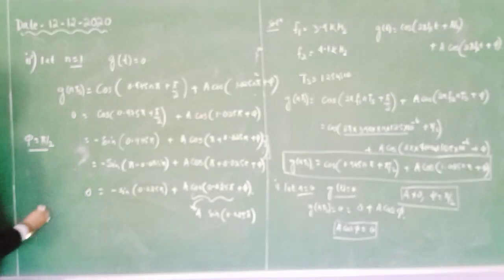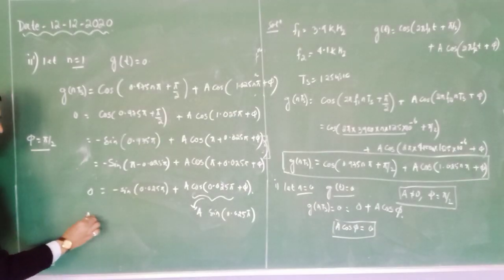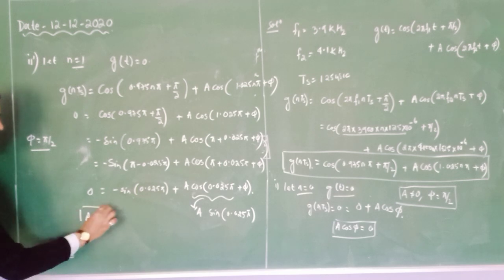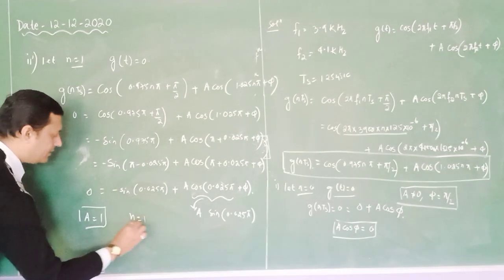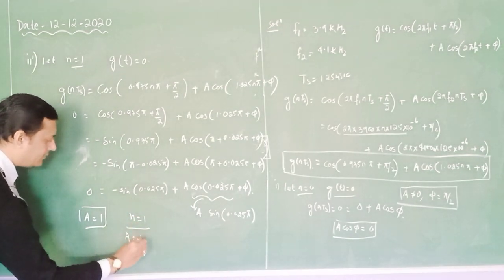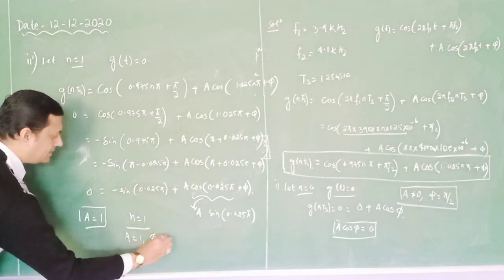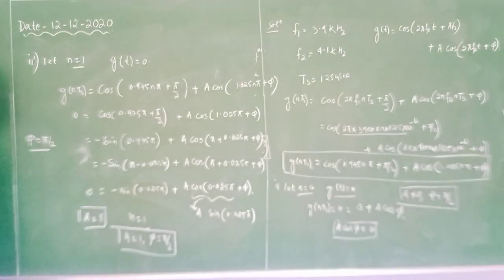So take this component to the left hand side, you will get a is equal to 1. So when n is equal to 1, a is equal to 1 and phi is equal to pi by 2. So these are my unknown values.